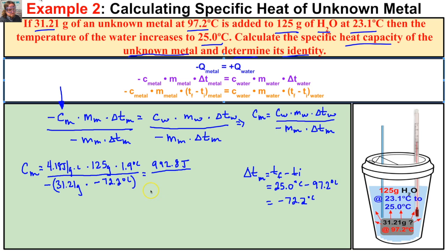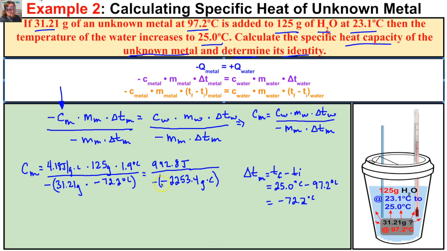And it looks like on the bottom, we will end up with a negative 2,253.4 grams times degrees Celsius. Grams degrees Celsius, right?